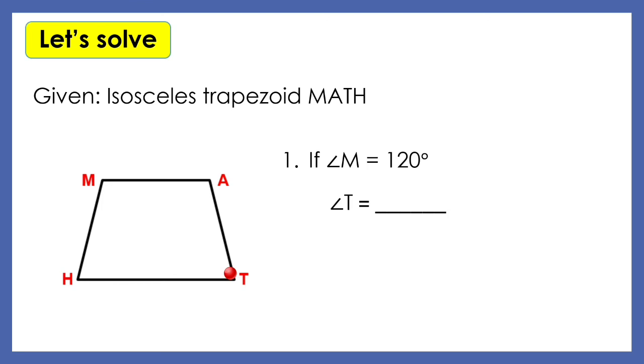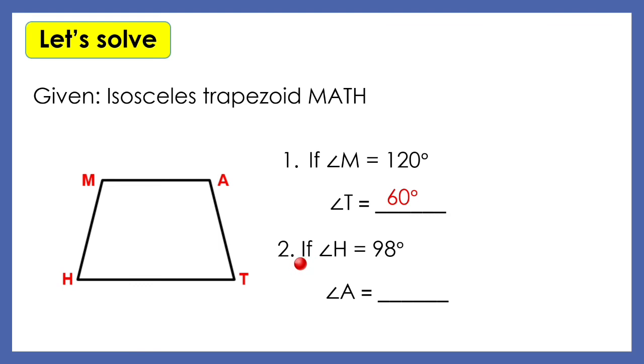Base sa ating theorem kanina, ang opposite angles ng isosceles trapezoid are supplementary. So, ang sum nila ay 180 degrees. Since angle M is 120 degrees, so subtract natin from 180 degrees. 180 minus 120 is equal to 60 degrees. So, that is the measure of angle T.